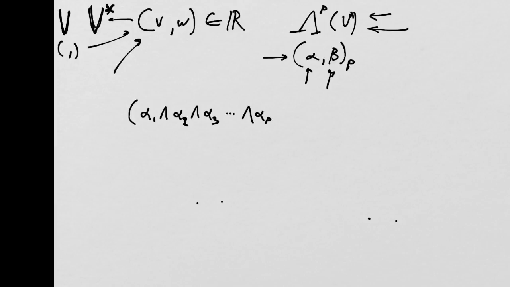So if you have a simple P form and another simple P form, beta 1 wedge beta 2 and so on up to beta P, they both have to have P. You can't do this with a P and a Q form because you're talking about an inner product, and an inner product only exists inside a single vector space, and that single vector space is occupied entirely by P forms. So you have the inner product of two P forms.